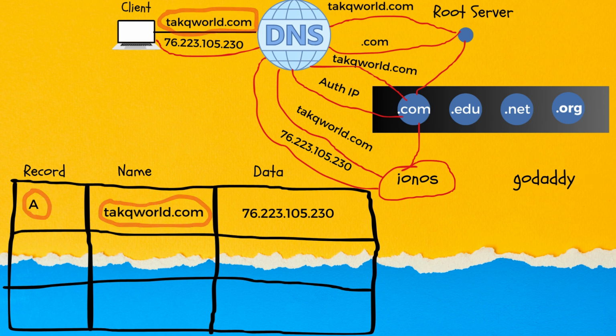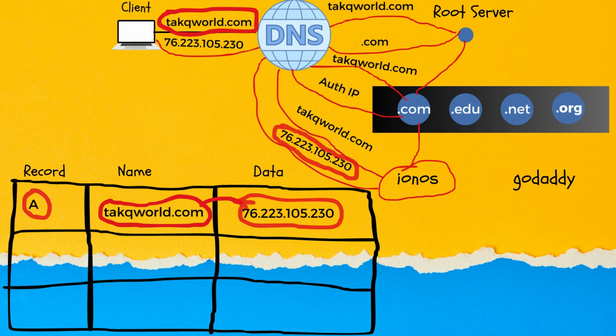An A record acts like a phone book, translating a human readable domain name, takqworld.com, into a numeric IP address like 76.223.105.230. When you access a link or type a domain name into a browser, the domain name typically resolves to an A record.